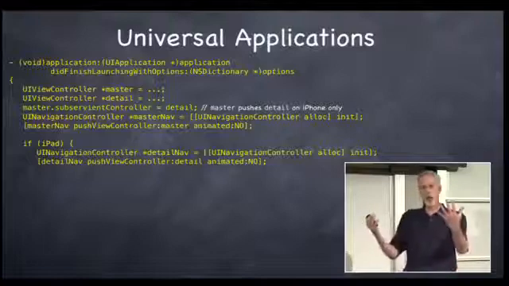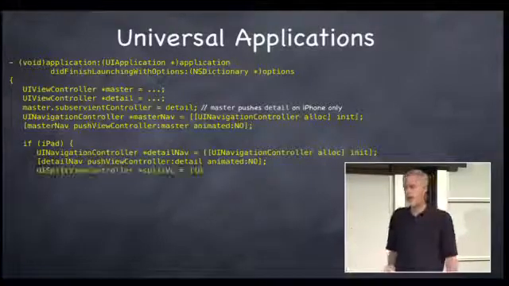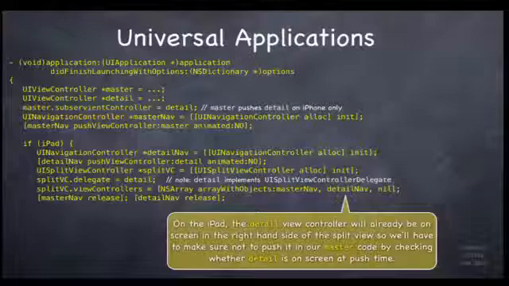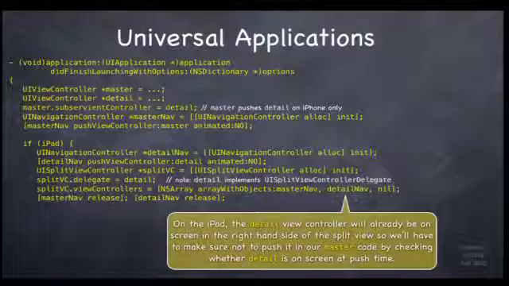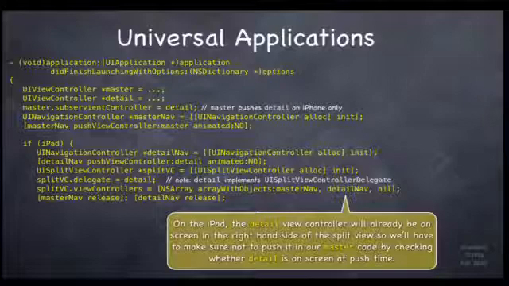On iPad, I only have the detail in a navigation controller. And then I'm going to create a split view. I'm going to set its view controllers to be the master on the left and the detail on the right. Notice I'm also setting the split view's delegate to be the right-hand view, because the right-hand view is the one that when I rotate is going to stay on screen but put the little button up there.